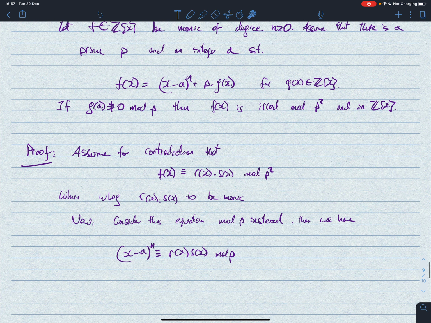Why is that the case? Well, look at what f of x was. If I reduce f of x mod p, this factor vanishes and I'm just left with (x minus a) to the n. So f of x turns into this, and then I just have this left. Because I'm working mod p squared, here I'm working mod p, this is fine, because p squared is greater than p.